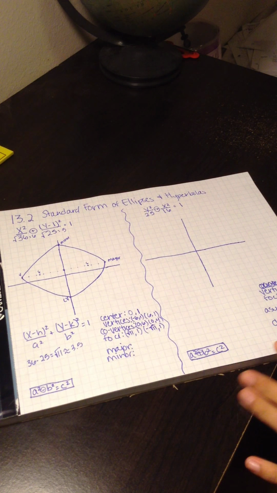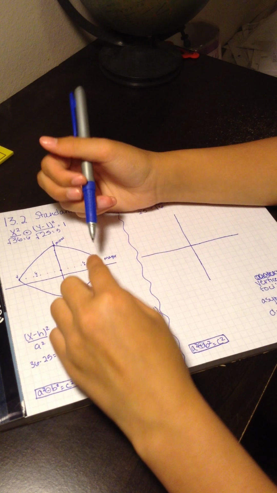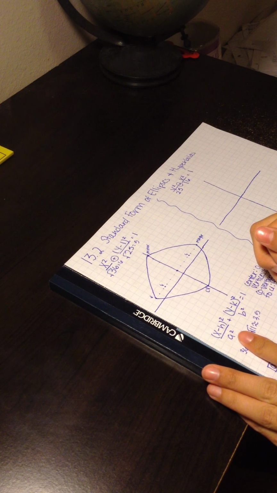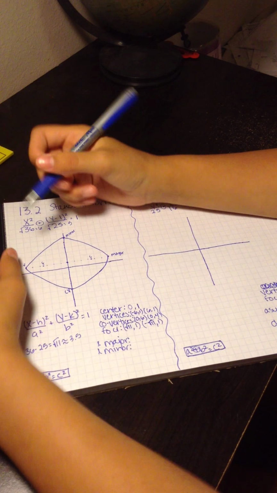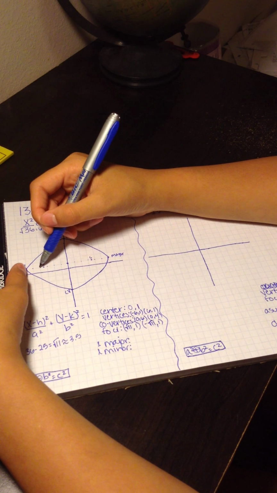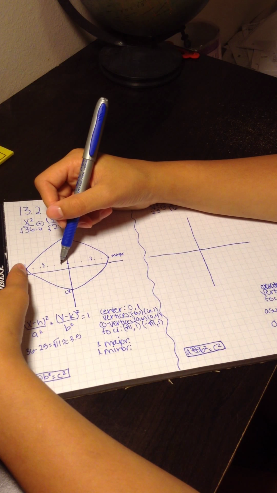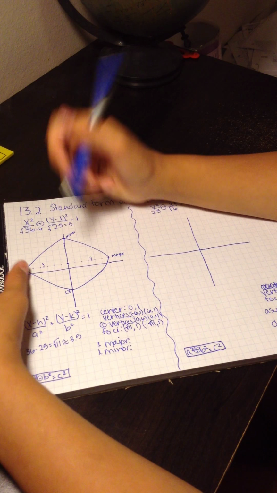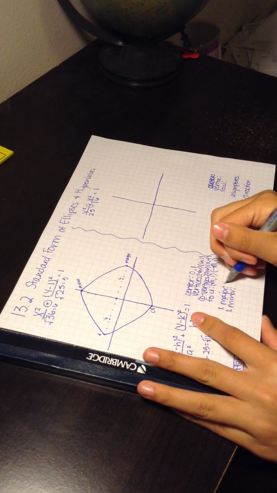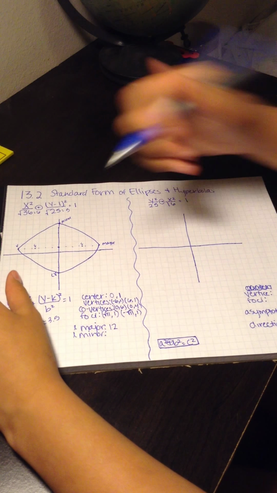Alright, so all we have left is the major and minor axis and the length of those, so we'll put L here just to make sure that you know it's the length of the major and minor axis. Okay, so for this, it's super simple, you just have to count them. 1, 2, 3, 4, 5, 6, 7, 8, 9, 10, 11, 12. So our major axis is 12 units long.